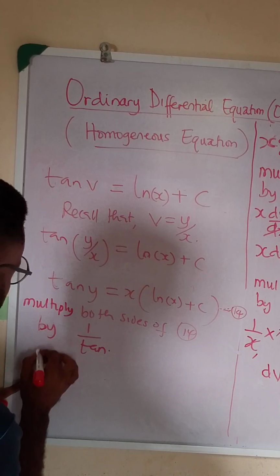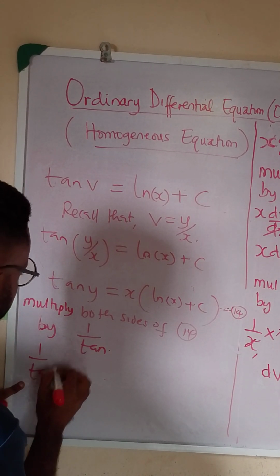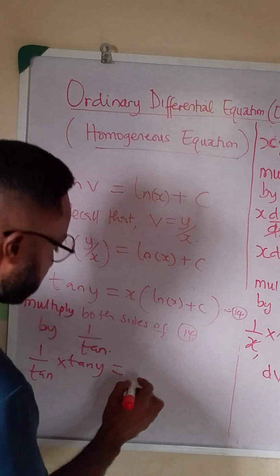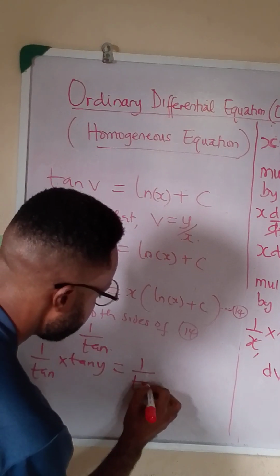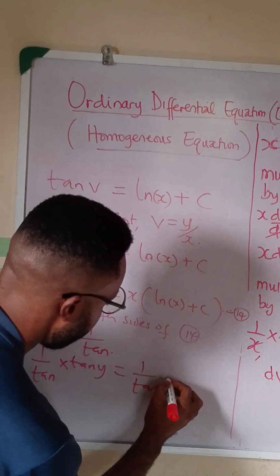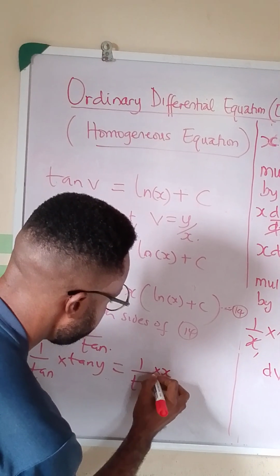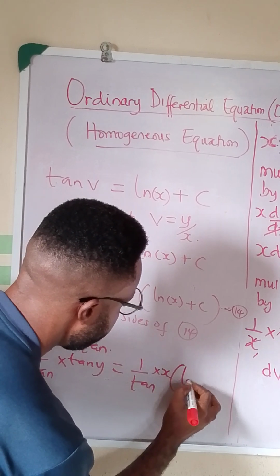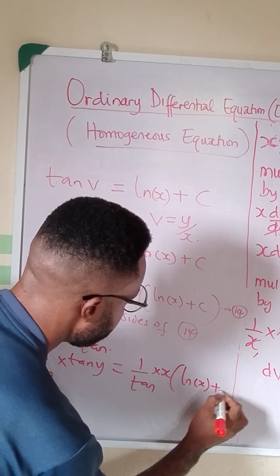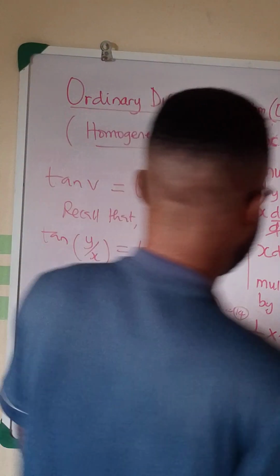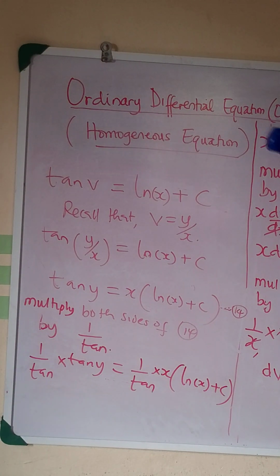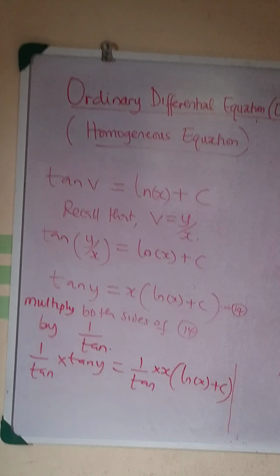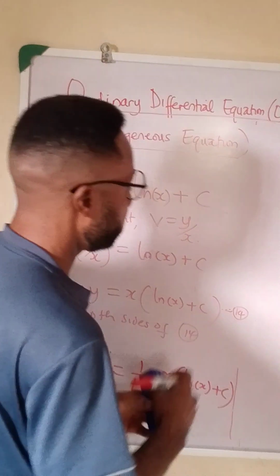So when we do that, we have 1 over tan for the left-hand side times tan y will be equal to 1 over tan times x times ln x plus c. Okay, we continue, we'll soon be done.